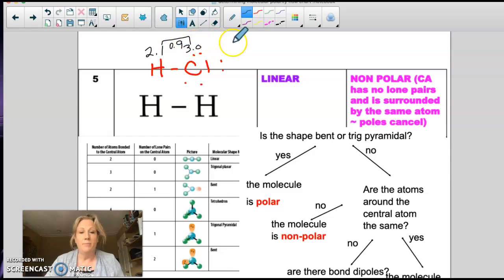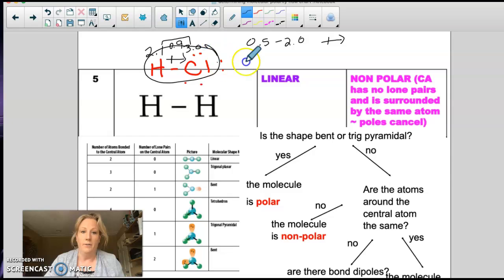And that is, remember, 0.5 to 2.0 is where we're going to add those bond dipoles. So there is a bond dipole, which means that chlorine is pulling on those electrons more than hydrogen. And this is not symmetrical. There's no way to balance that out. So this one, if we had done it, would have been linear, and then we would have had polar.